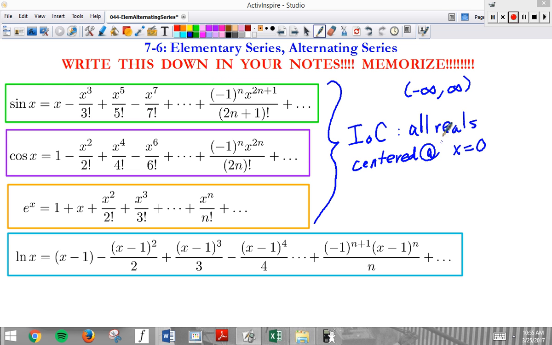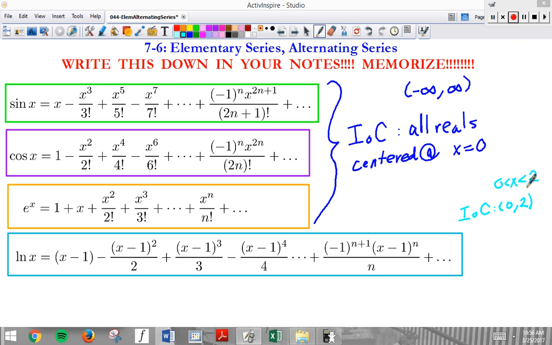If you need to review lesson 7-5, please do so. A lot of this stuff won't make sense without knowing what it's centered at. Natural log is the oddball here. Natural log has an interval of convergence only between 0 and 2, strictly greater than 0 and less than 2.